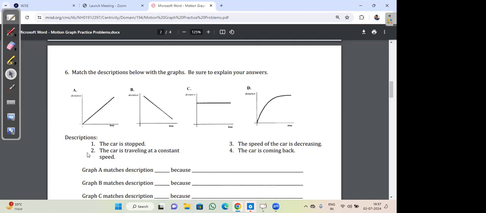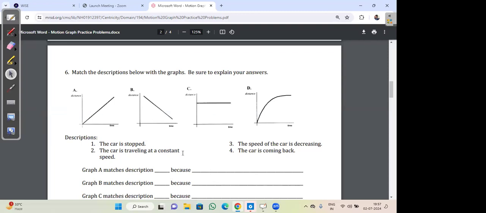Which of the descriptions describes A? The car is traveling at a constant speed, because it's a straight line, and in a distance time graph a straight line means constant speed. For graph A, it is two. The car is traveling at a constant speed. Yes, graph A is two.